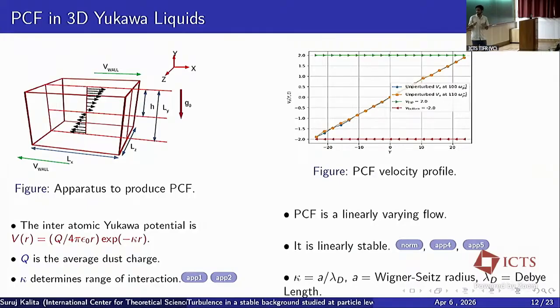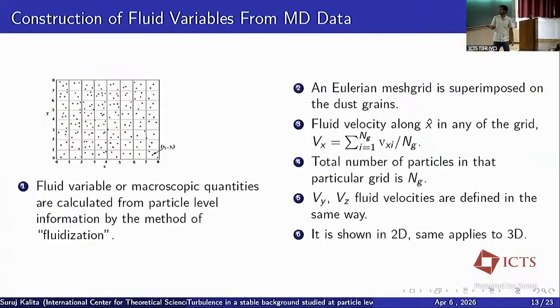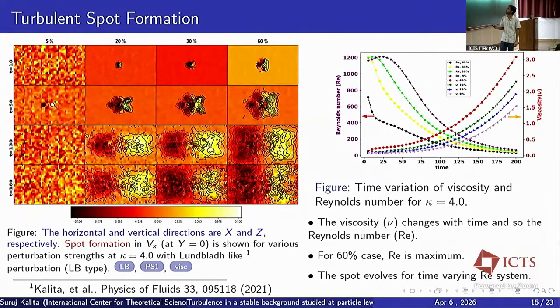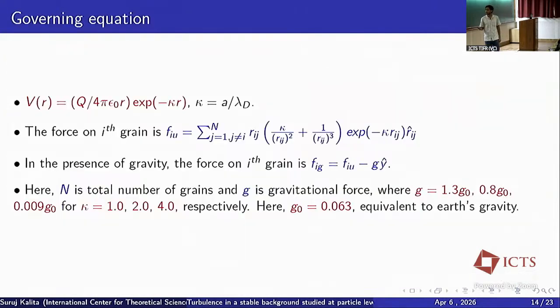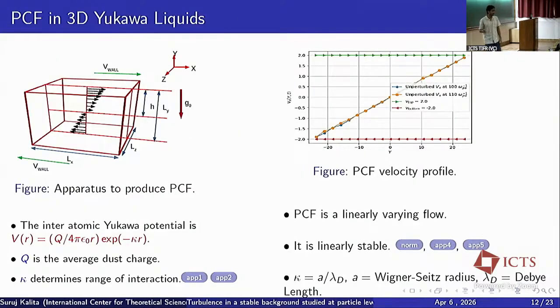For this potential we see that the Reynolds number keeps on varying. But if you use the Lennard-Jones potential, we believe that the Reynolds number will remain fixed. Here, using this potential, we cannot fix the Reynolds number. That's the disadvantage we get from here. But yeah, if you change the potential, the dynamics will definitely change. Thank you. Yeah.